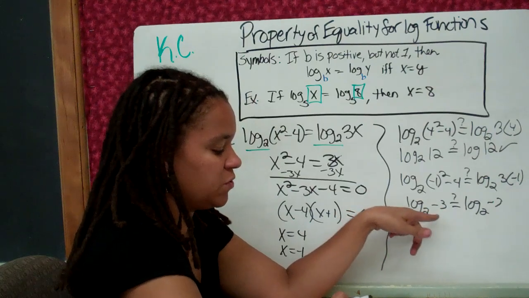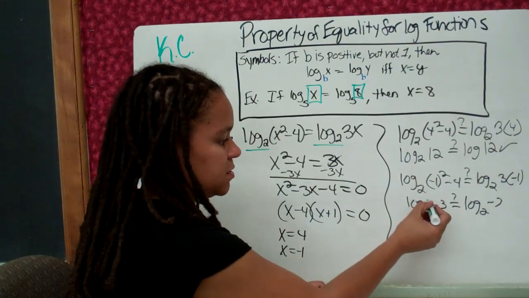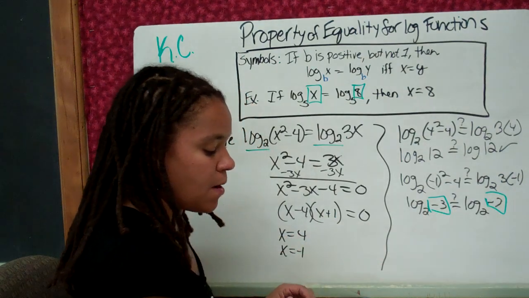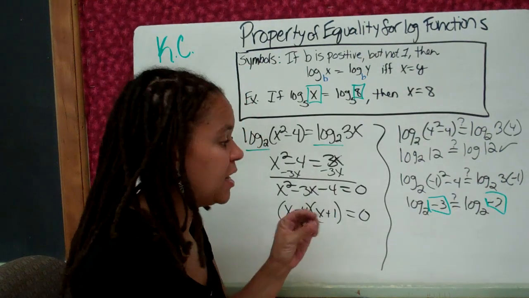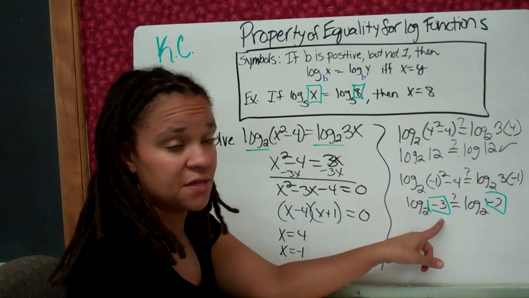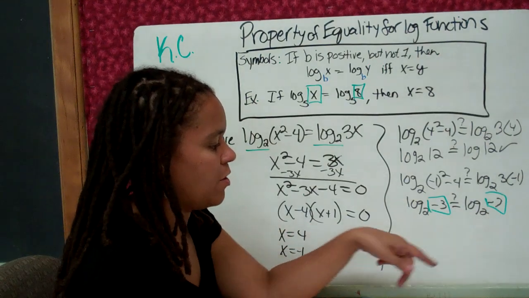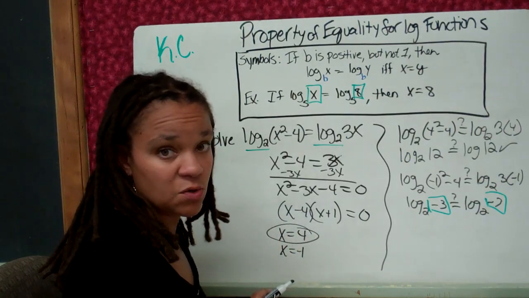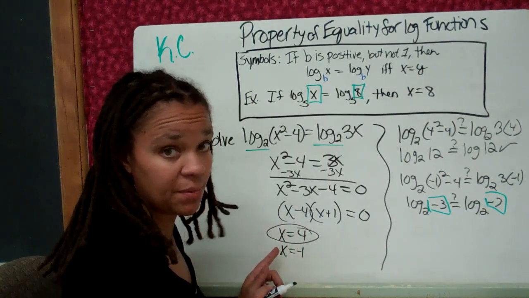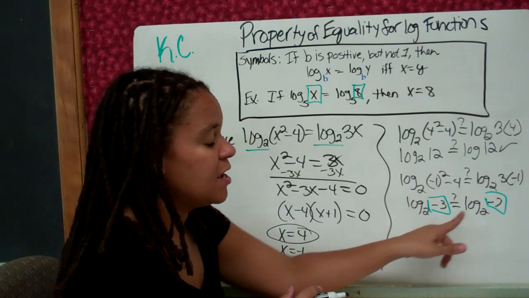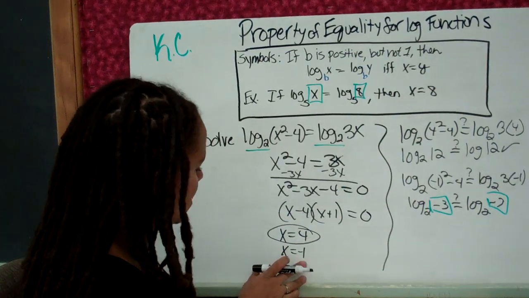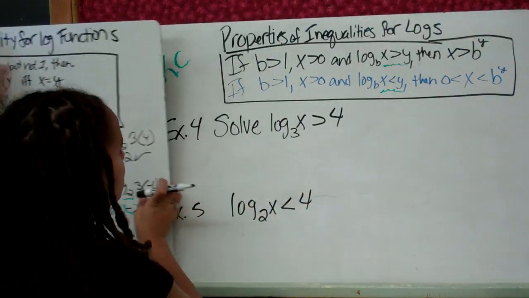You can't take log base 2 of negative anything. So this is where the problem is. Yes, they are equal, but this is not a solution because you cannot have a negative where x and y are. So your final answer would just be x is equal to 4. If you write both of them down, it would not be right, because I know you didn't check it. If you had checked it, you would have seen that you came out with a negative here.